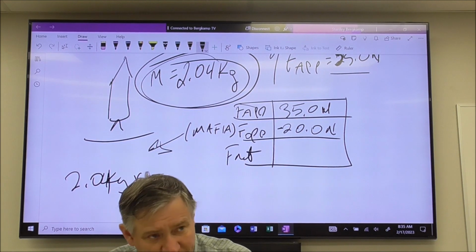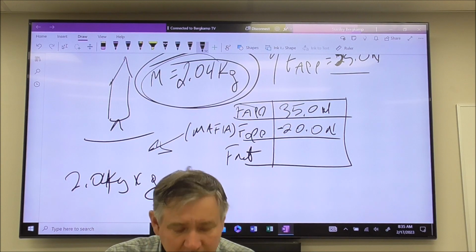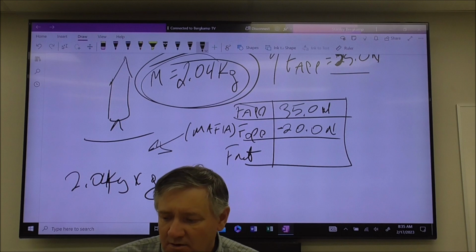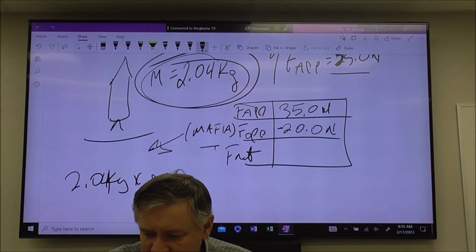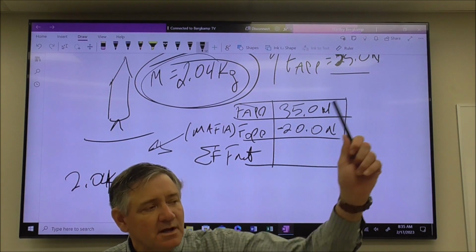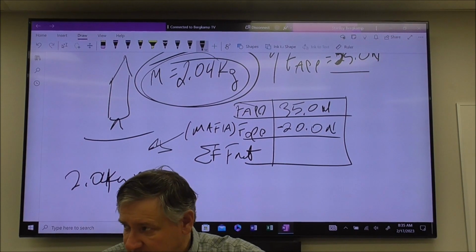When you talk about forces, you always talk about the sum. Never talk about differences. You always talk about the sum of the forces. So down here, this net force is the sum of all the forces. Here's an analogy. Devin wants to start a business. Devin has $35.